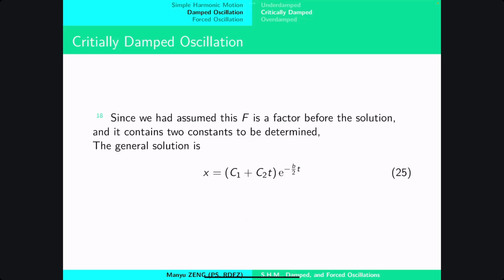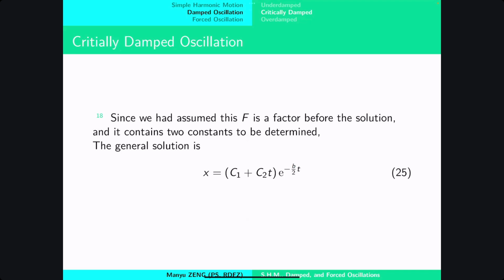So the general solution is f of t times e to the power of lambda t, and if we expand it out, we get the general solution x equal to c1 plus c2 t in the bracket times e to the power of negative b over 2 t. So you can see suddenly cosine disappears.